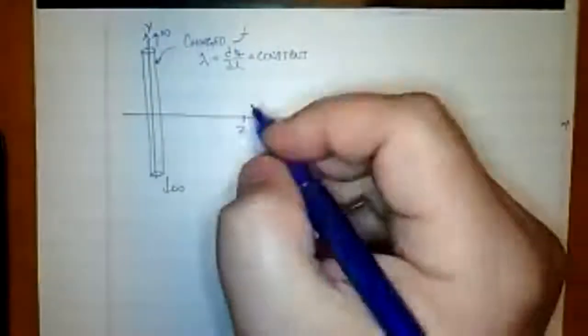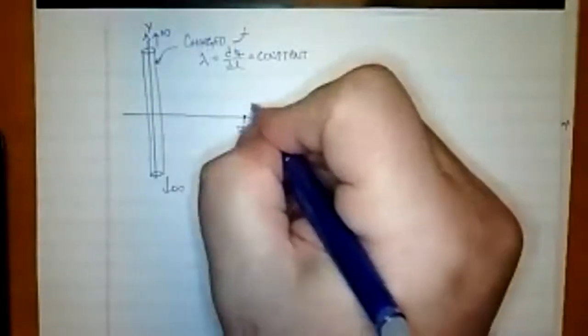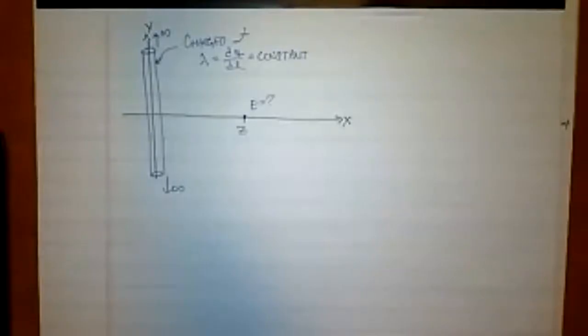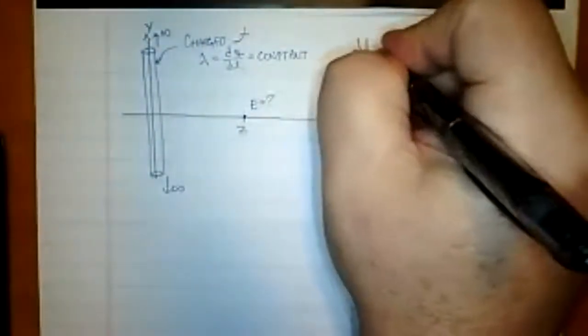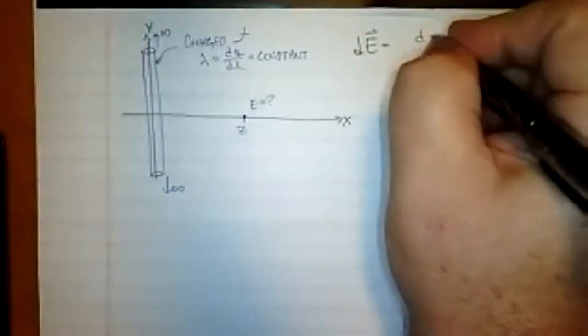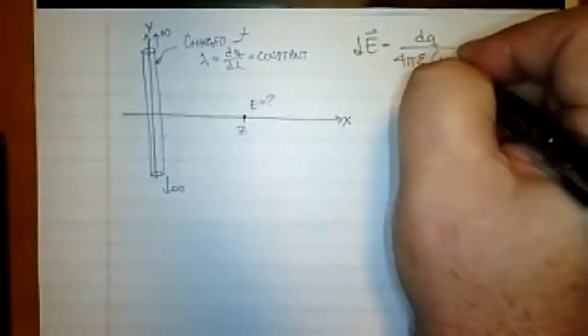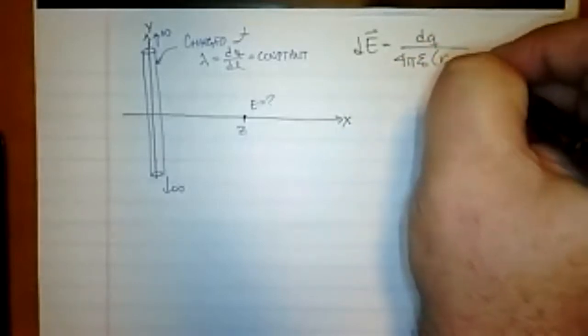What I want to find now is the electric field here, and I'm going to find it vectorially. So what we just learned, because Mr. Younger was so nice to give you that cool new formula, was that the differential element of the electric field is equal to dq over 4 pi epsilon naught, times rp minus r dq, cubed, times rp minus r dq.